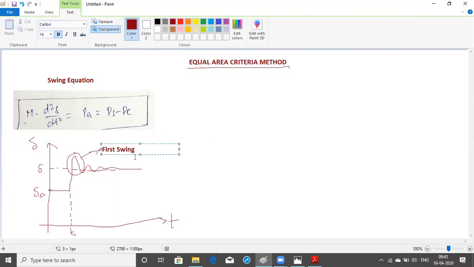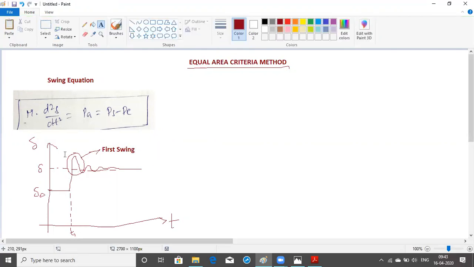Please all of you listen carefully, a very important concept. This is the first swing, under stable conditions. If I would like to draw the characteristics with a different color, after the fault has been applied, what happens?